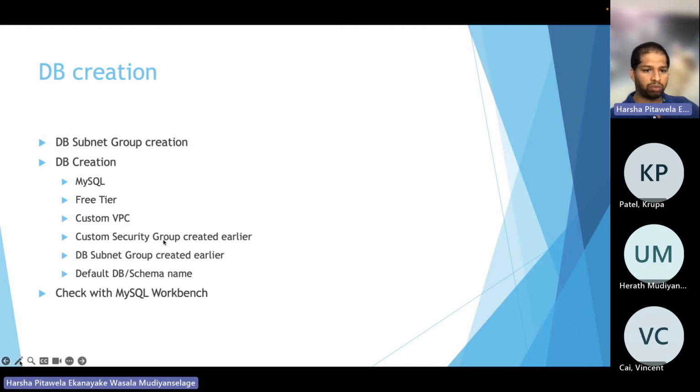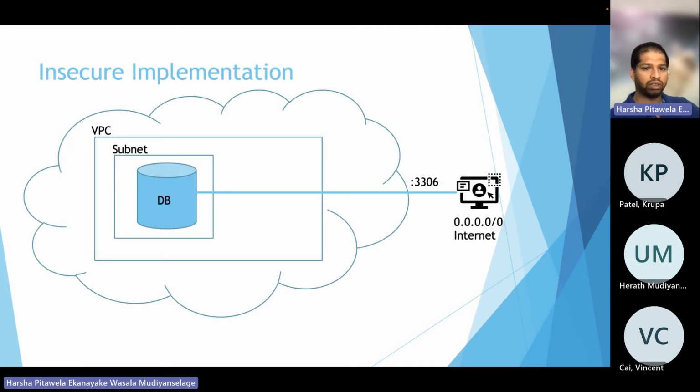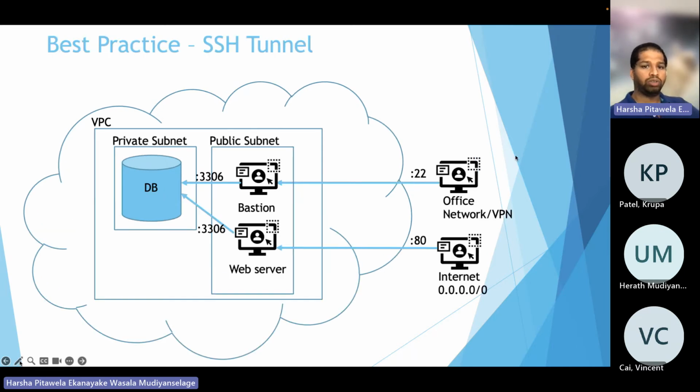So we have done most of this now, the DB creation part. And it's always the insecure implementation if you put the database in the public subnet. Anyone from the internet can access it through port 3306. But the best implementation is you put the Bastion in the public subnet, and only the Bastion or the web servers can access the database.